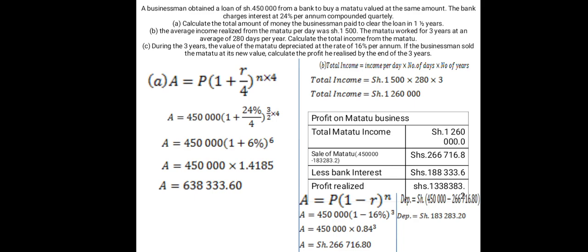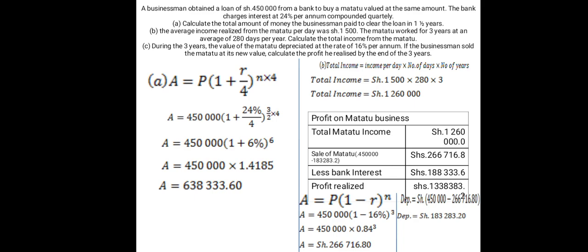Now the first part, the businessman used 638,303 shillings point 6 cents to clear the loan. The other part, the total income from the matatu is 1,260,000.